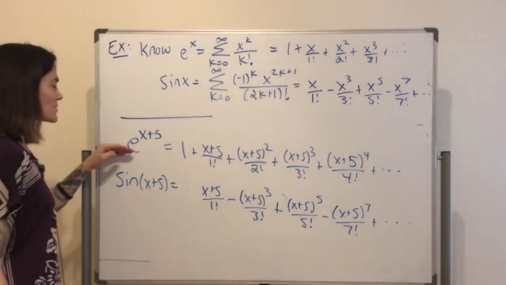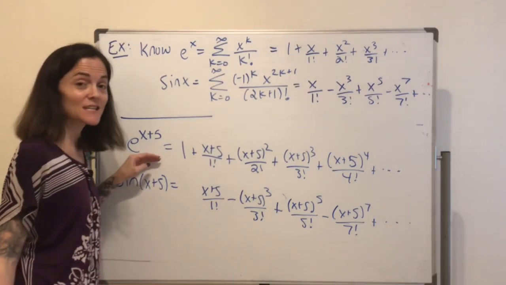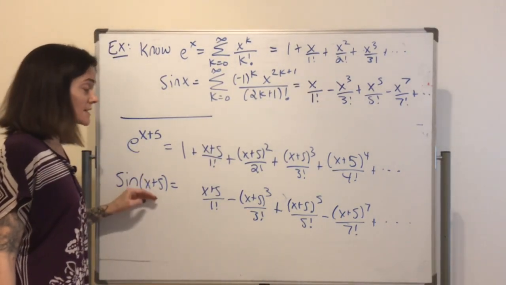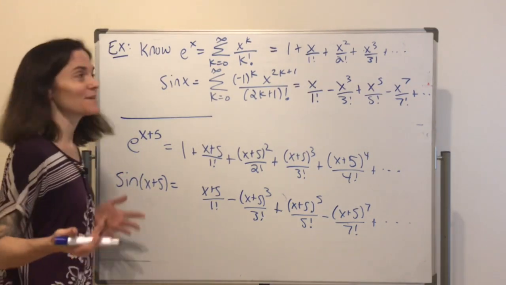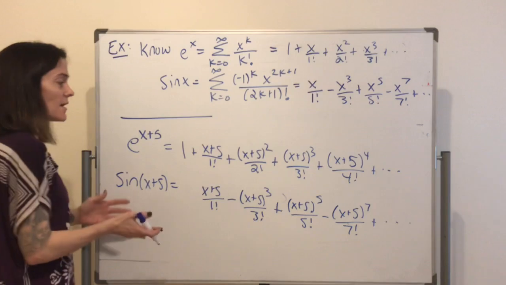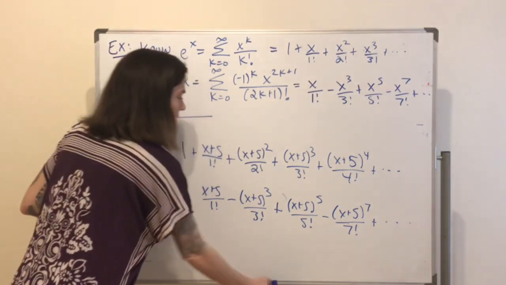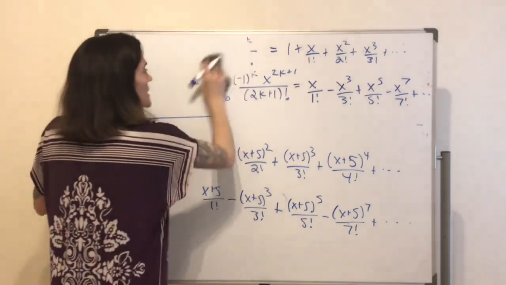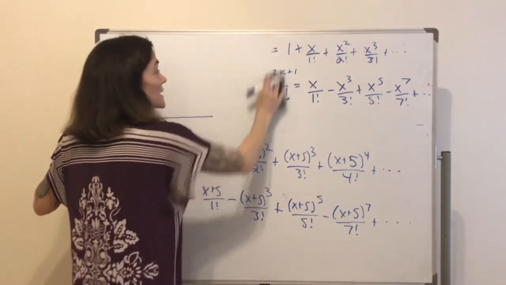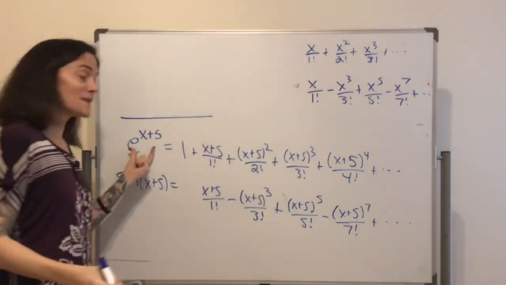Okay, these are now power series representations for these two functions centered at x equals -5. Like I mentioned, I just composed with an x plus 5. Now let me erase up here, and I'm going to take them and add. And we will get a power series representation for this plus this.